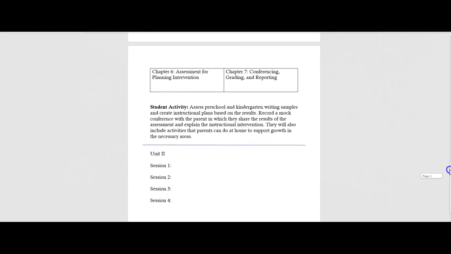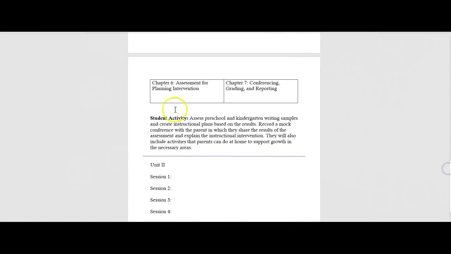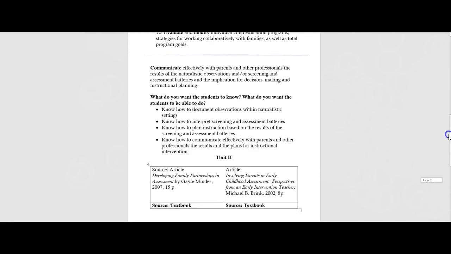So, from this amazing experience of talking about this in such detail, the chapters in the textbook and these 2 articles, these students now are going to be able to conduct a writing assessment, take a writing sample and assess that sample, and determine instructional strategies and communicate that to the parents. So now let's look back up at this outcome.